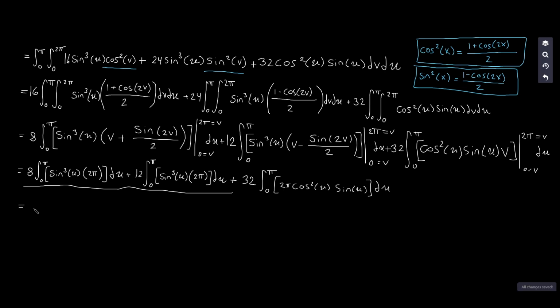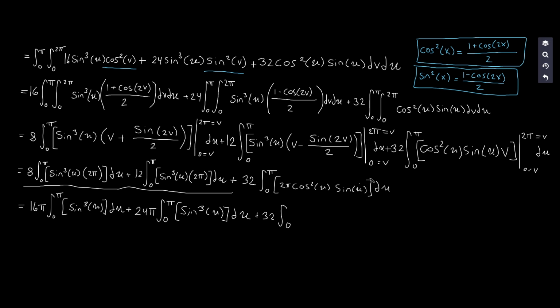So if I work through this, I'm bringing out 16 pi times the integral from 0 to pi of sine cubed of u du, plus, taking out that 2 pi that's in the second term, 24 pi times the definite integral from 0 to pi of sine cubed of u with respect to u, plus 32 times the definite integral, just kidding, I'm going to take out that 2 pi here too, so 64 pi times the definite integral from 0 to pi of cosine squared of u times sine of u du.